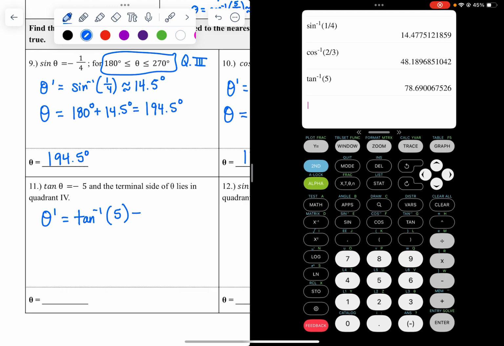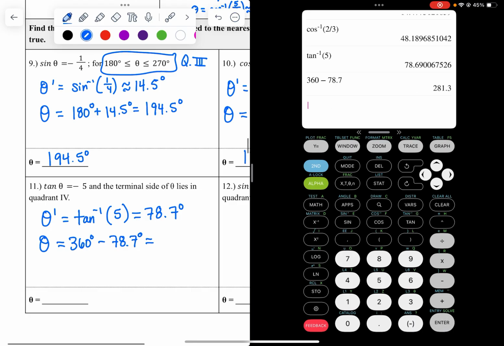And so rounded to the tenth place, we get 78.7 degrees. And so for quadrant 4, we take 360 degrees minus our reference angle of 78.7 degrees. If we do 360 minus 78.7, we get 281.3 degrees.